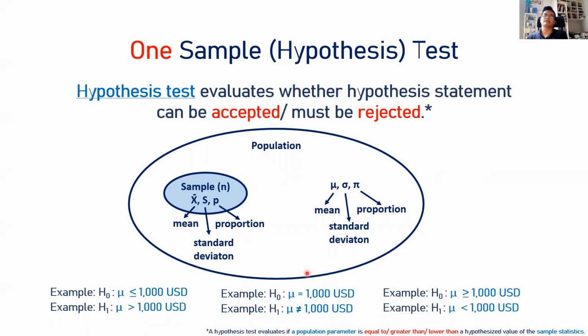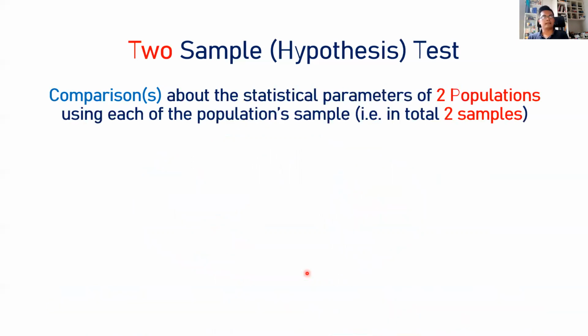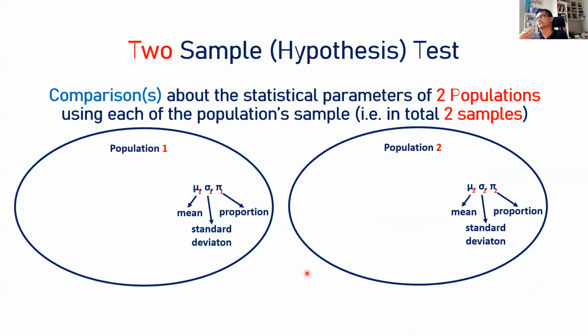But now we step on to the two sample hypothesis. We also discussed it earlier, but in the two sample context, the statement concerns two different populations, for example the city of Bandung and the city of Jakarta.